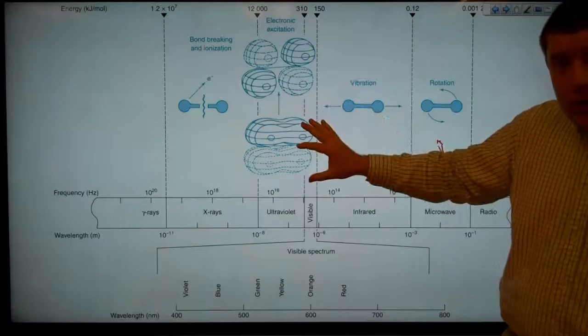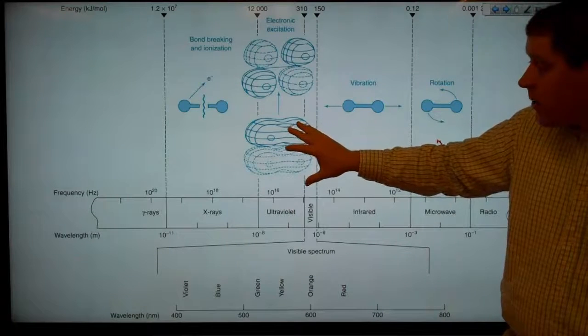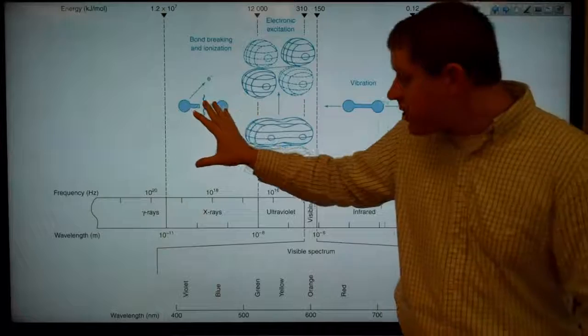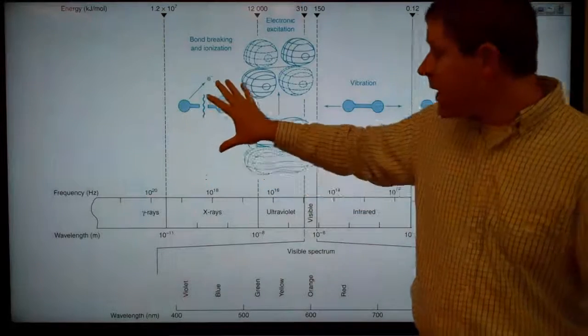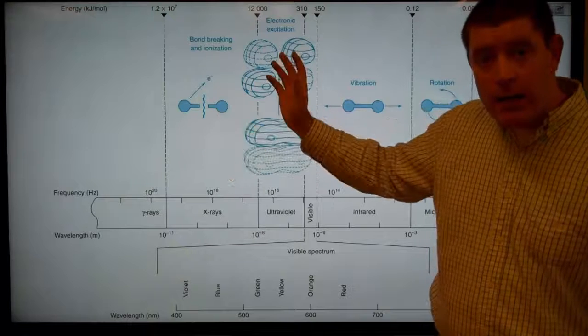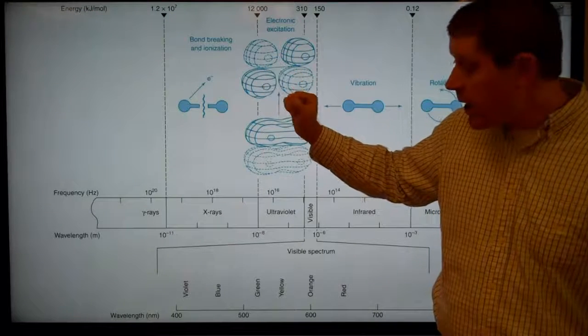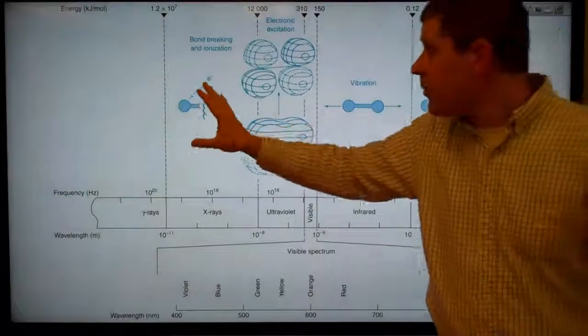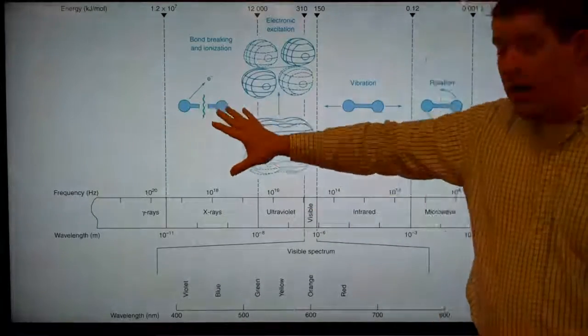So we are transitioning an electron from one orbital to another, to an excited state. As we transition to higher energies than that, we get into X-rays, which are breaking bonds and ionizing molecules and atoms. And when we get to even higher energy than that, then we're still able to break bonds and ionize.